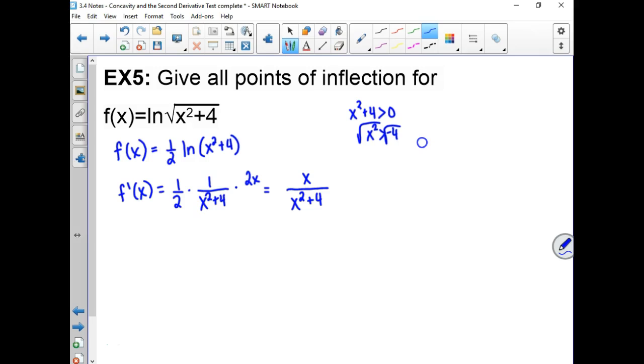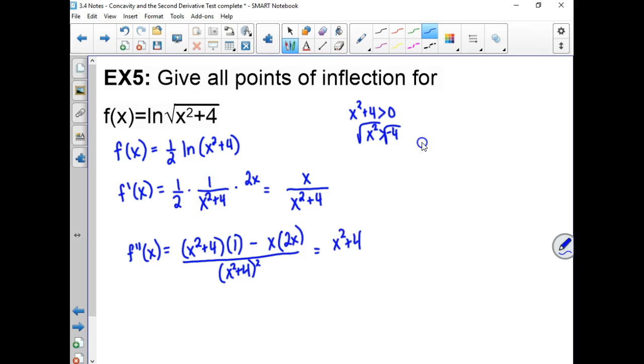So that is our first derivative. Now we have to take the second if we're looking for points of inflection. So the second derivative, what rule do we have to use there? Quotient. So we'll have x squared plus 4 times 1 minus x times 2x all over x squared plus 4 squared. And we want to simplify this, so that'll be x squared plus 4 minus 2x squared over x squared plus 4 squared.